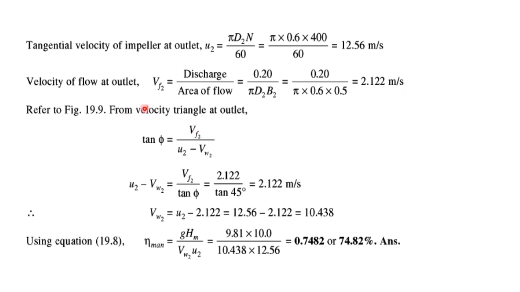From the outlet velocity triangle, we have the relation tan phi equals Vf2 upon u2 minus Vw2. From this relation, we can find out the value of velocity of whirl at outlet. And using the equation of manometric efficiency, that is g Hm upon Vw2 u2, here we can find out the value of manometric efficiency, that comes 74.82%.